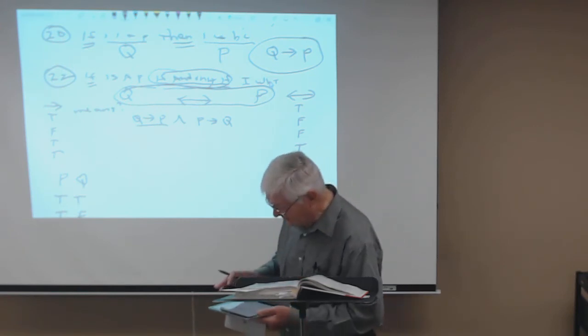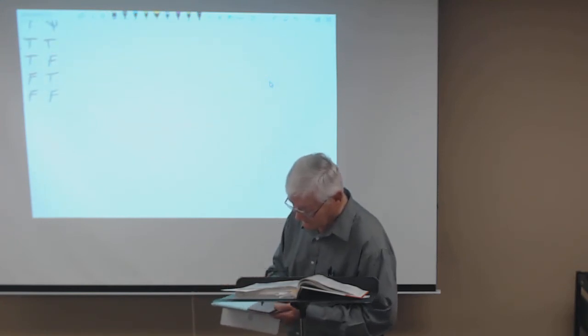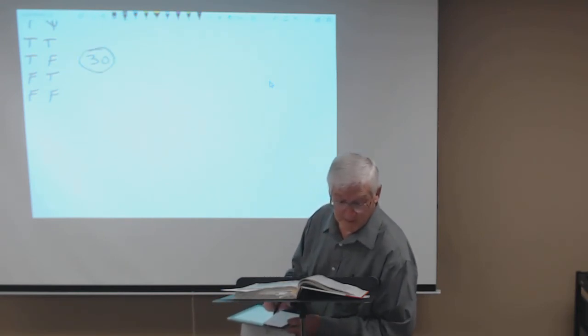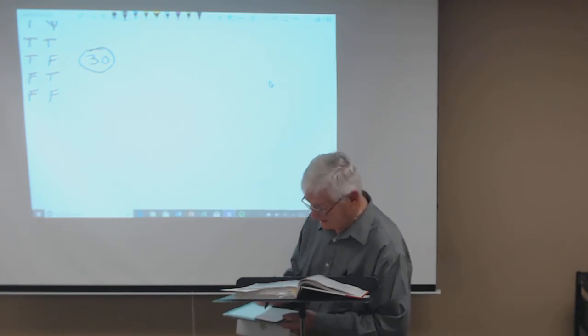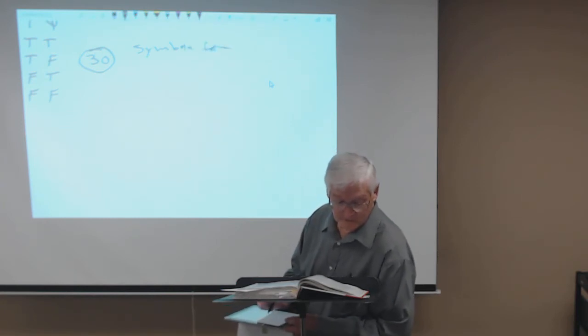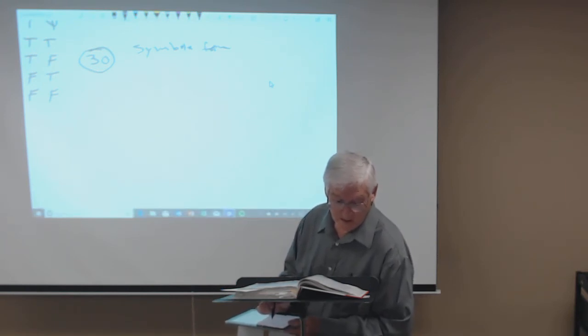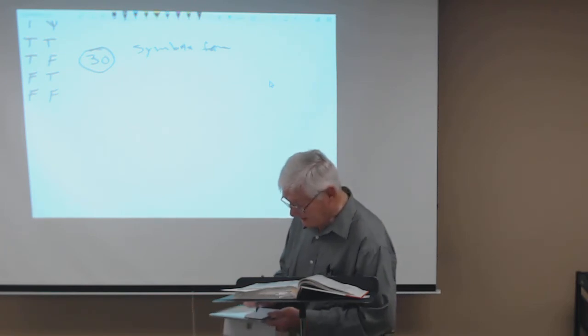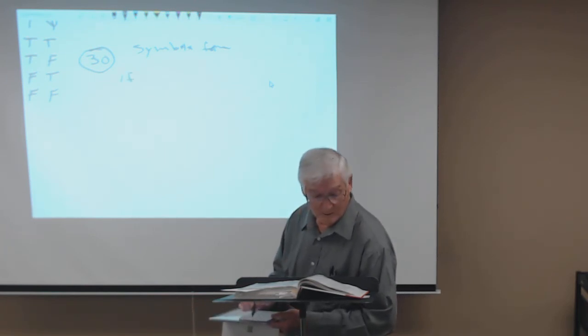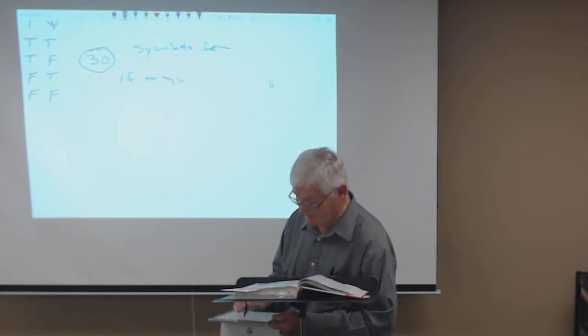Problems 29 to 31. What am I supposed to do for 30? Write each statement in symbolic form. So that's what you do for 29 and 31. We're doing 30. 30 says, if Maida is home by 5. But what did they call that?